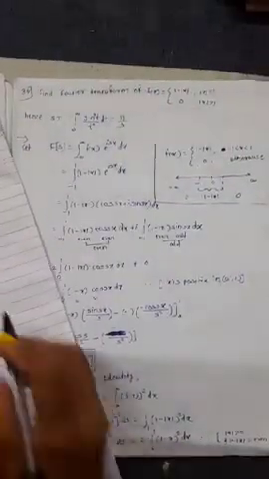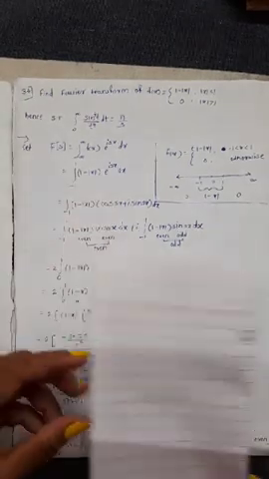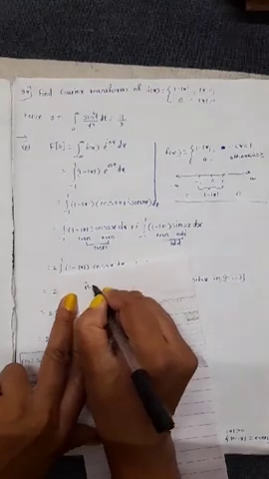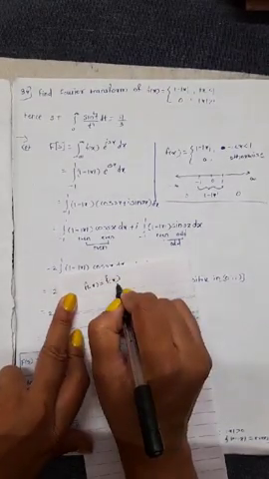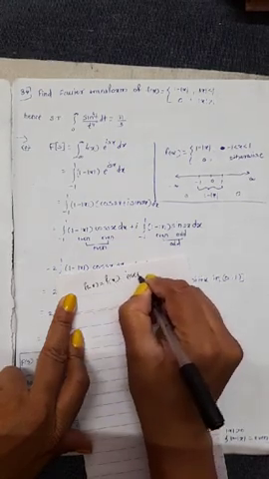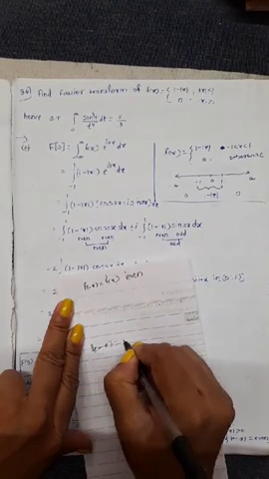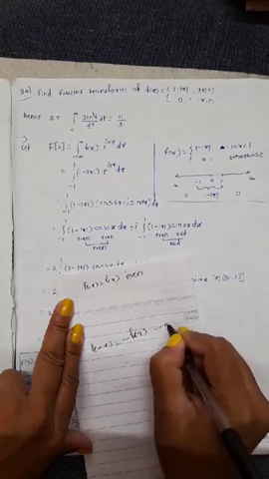The definition of an even function is: if f of minus x becomes f of x, it is an even function. And if f of minus x becomes minus f of x, then it is an odd function.